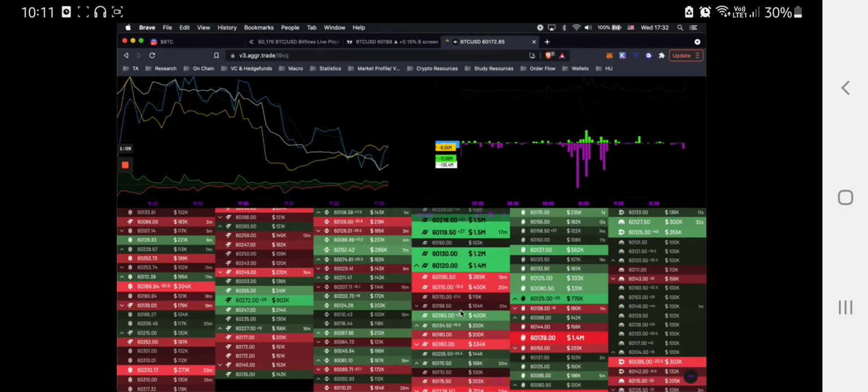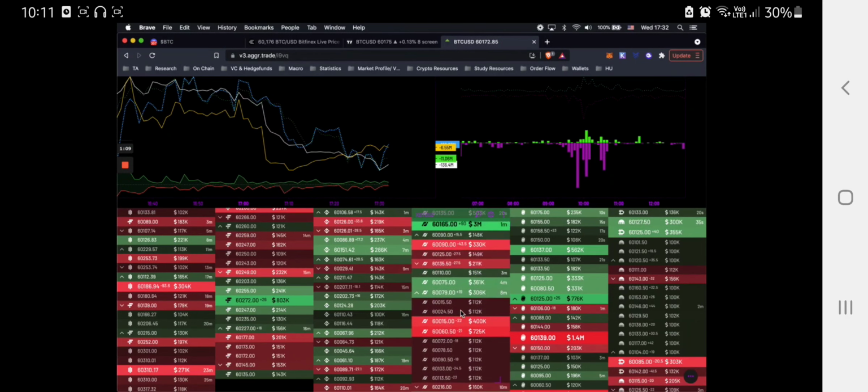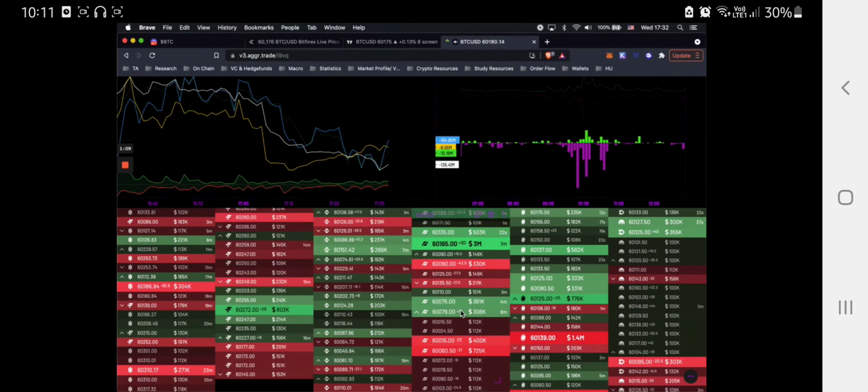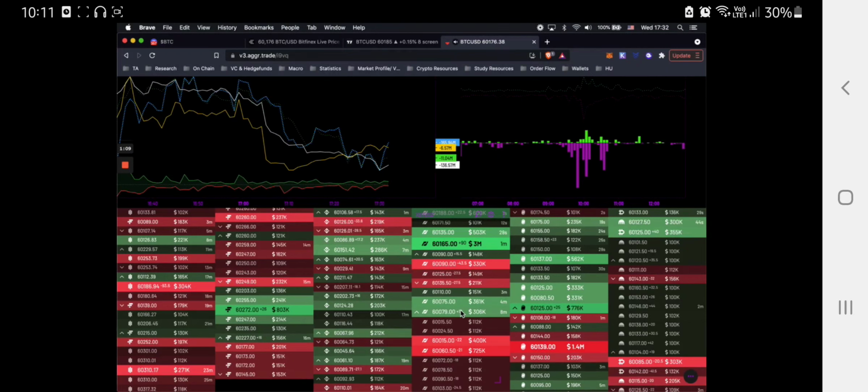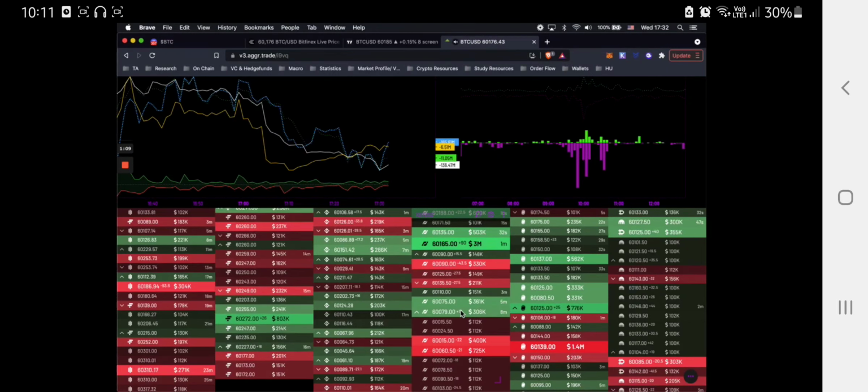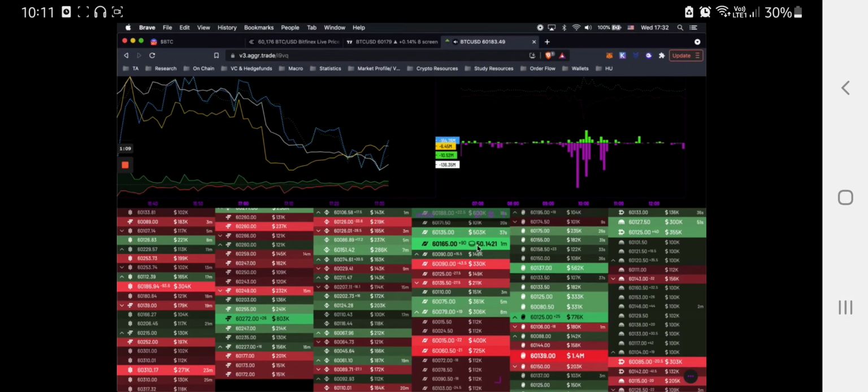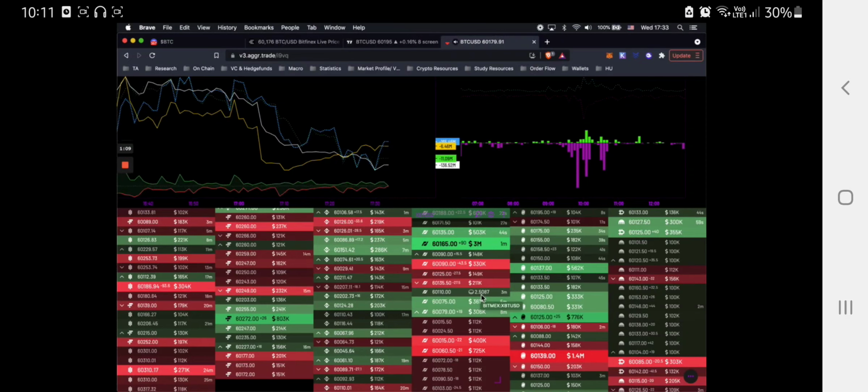They're quite high order sizes for BitMEX. Now, you have to remember what a market order is. A market order is a taker in terms of liquidity. So if you put a limit order on the books and you want to sell, say for example, 50 BTC, that 3 million order, you would have to put it on the books at 60,165, and then you'd have to wait for the guy on BitMEX to come along and put in this $3 million buy order at the market.